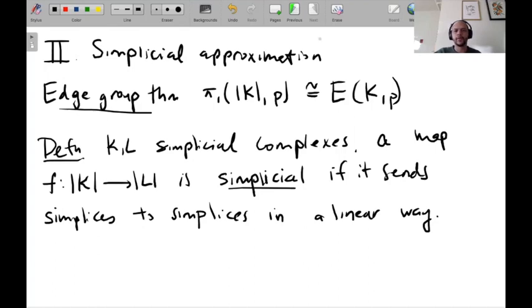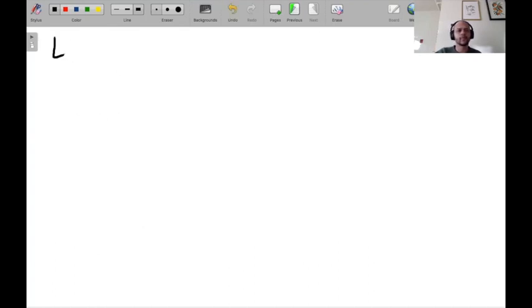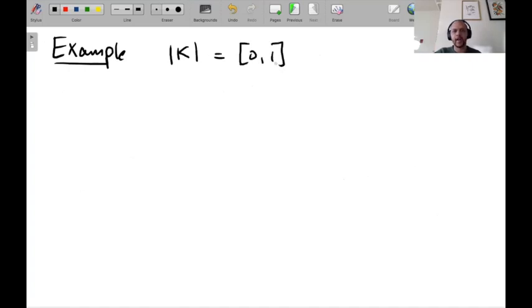So for example, this is one of the simplest possible examples. Let's take K to be the simplicial complex with two vertices and one edge. Its geometric realization is the interval.